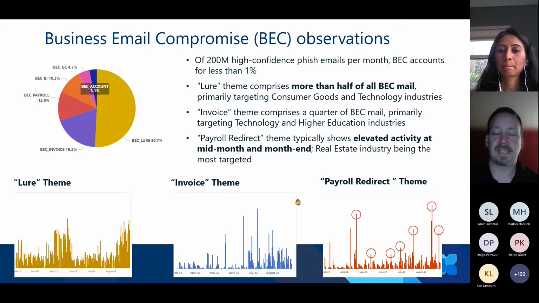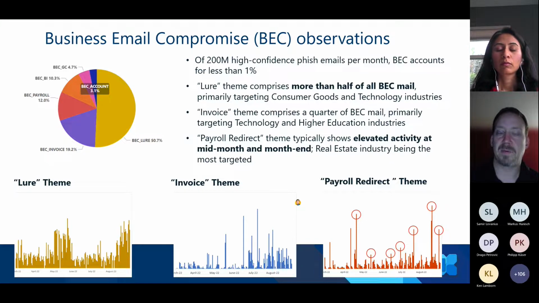An invoice-related theme. These have largely been targeted towards technology and higher education industries most recently. They tend to also be somewhat periodic, meaning they come in when you would expect to see invoices billed to most customers, towards the middle or towards the end of the month, which also follows with payroll-related redirect requests, which very closely correlate.